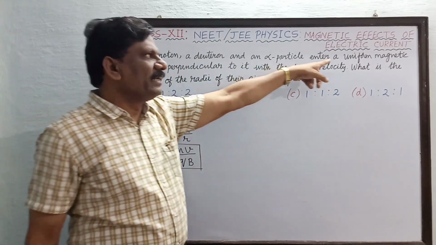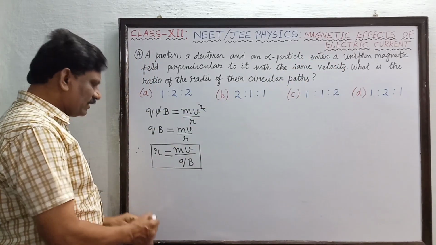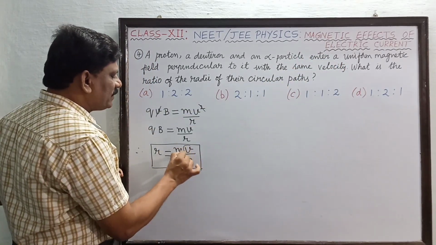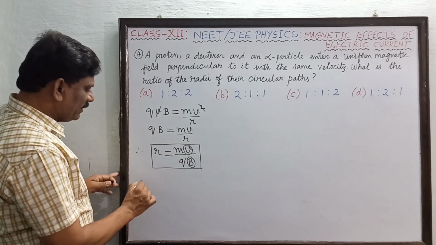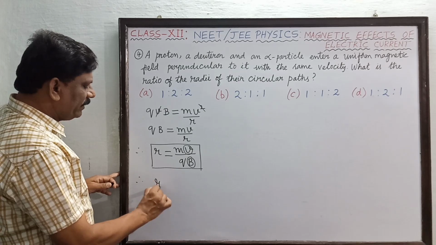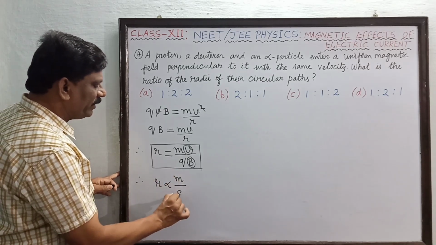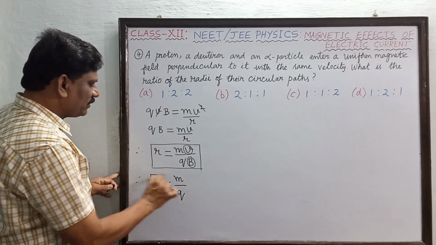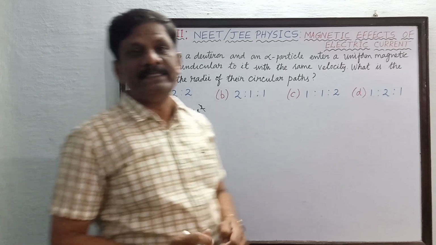And they enter inside the same field B, so B is also constant. Therefore, I can write that the radius is directly proportional to the mass of the particle divided by the charge of the particle. So this is the point which we have to understand.